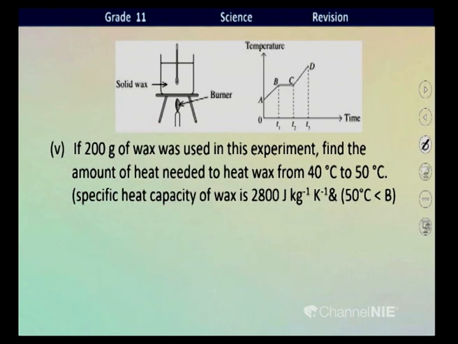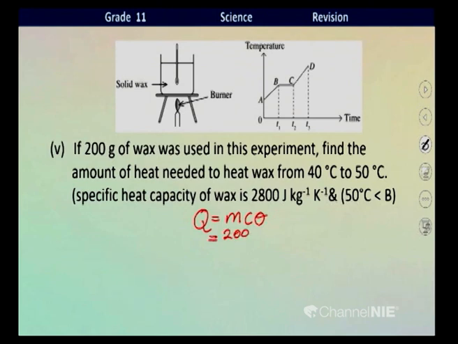You know that heat change is calculated by Q equals mcθ. m is the mass, c is the specific heat capacity, and θ is the temperature difference. Temperature difference here is 40 to 50, 10 degrees. Mass of wax used here is 200 grams.